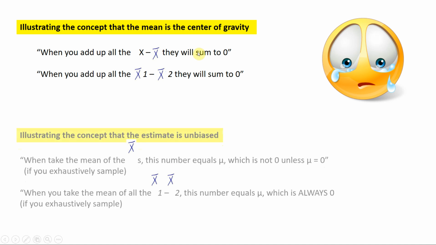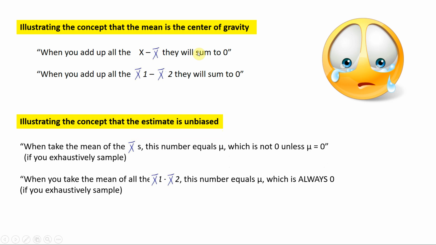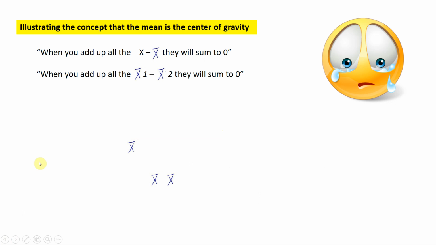I do have a diagram to show this to you, okay? But this is what we learned early on. Remember the teeter-totter? We said if you subtract every x from the mean, those that are less than the mean will be negative numbers, and those x's that are greater than the mean will be positive numbers. And if you add them all up, you get 0.